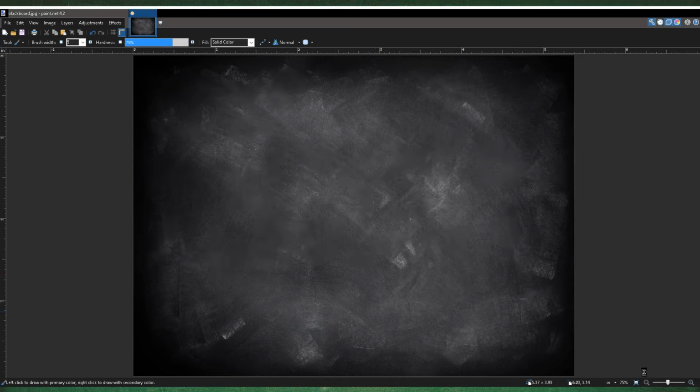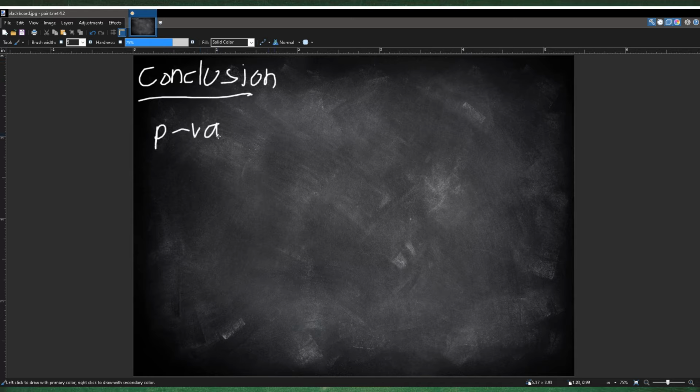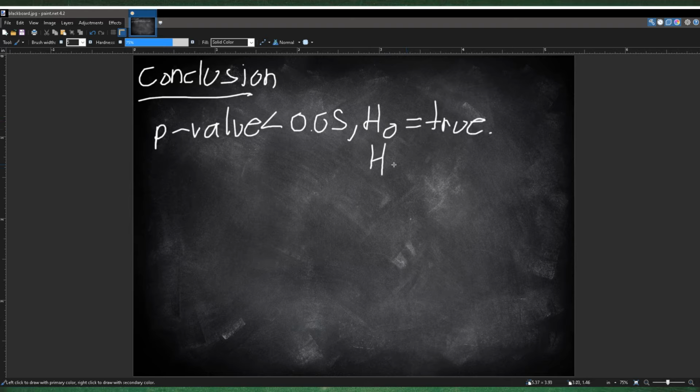And then for the conclusion, it's generally the same ideas as the Z test and the T test for conclusion. So if your p-value is less than 0.05, your null hypothesis is false, and you say your alternative hypothesis is true.